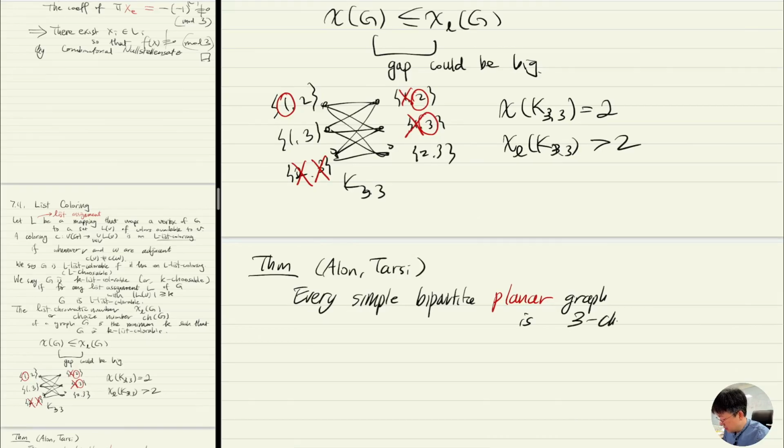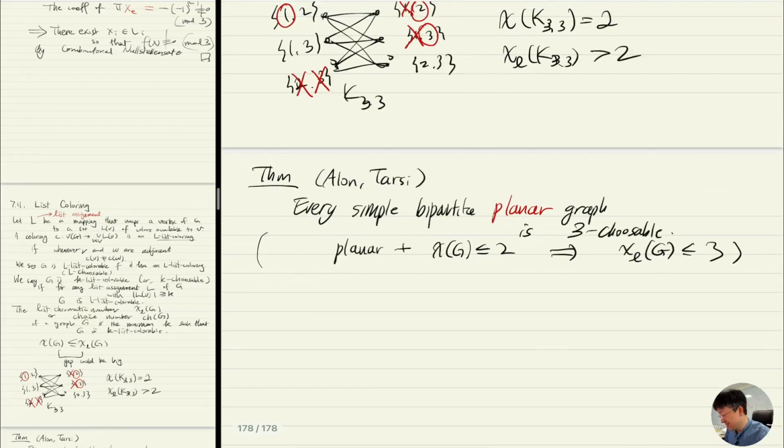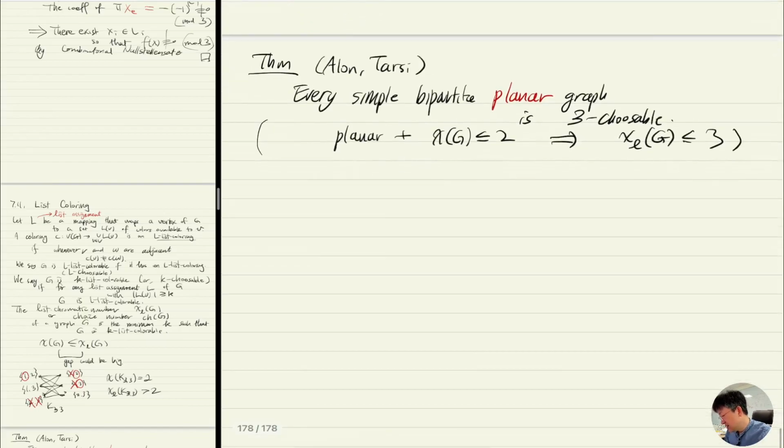In other words, planar and chromatic number at most 2 implies that list chromatic number is at most 3. Without this planar condition, this is not true. If you take a large complete bipartite graph, the list chromatic number is bigger than any number you want. So this is the theorem we want to prove, and we're going to use the combinatorial Nullstellensatz.